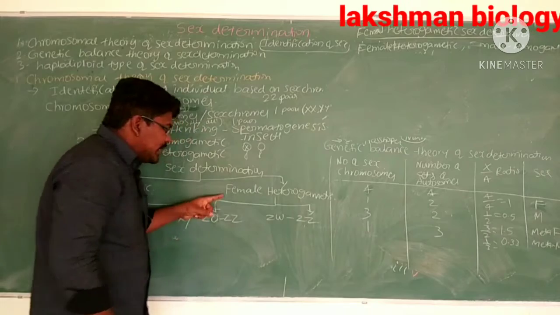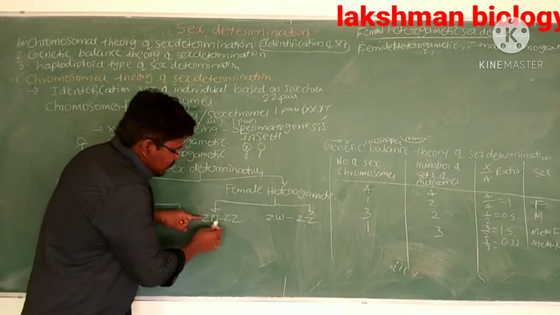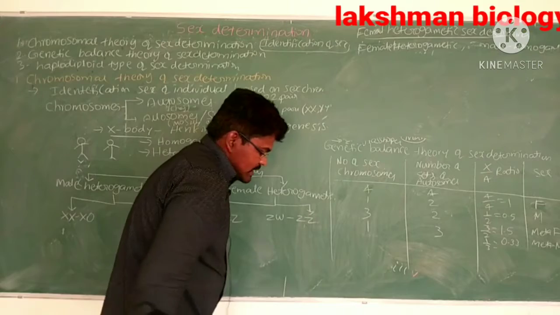What are the two types of female heterogametic sex determination? They are ZO-ZZ type and ZW-ZZ type.